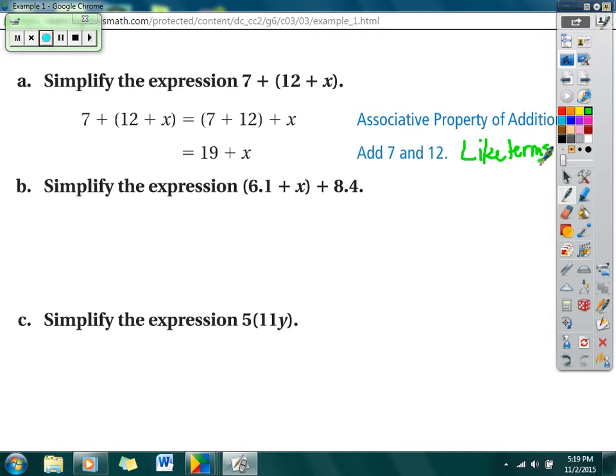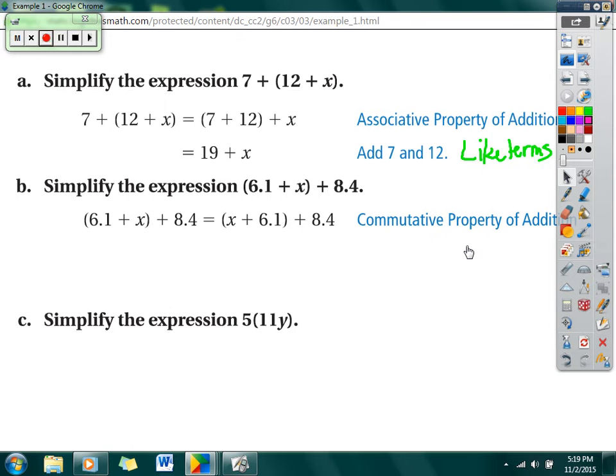I need to get 6.1 and 8.4 together. I notice that 6.1 is not near 8.4. So if I were to just move it, okay, I would need to move it. If I would change parentheses, that wouldn't do everything. So I'm going to have to use more than one idea here. So the first thing I'm going to do is I'm going to move that 6.1 over. So I'm flipping x and 6.1 due to the commutative property.